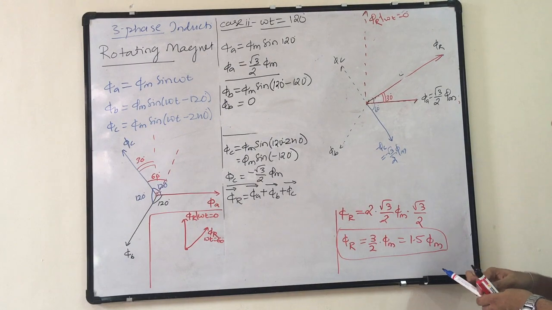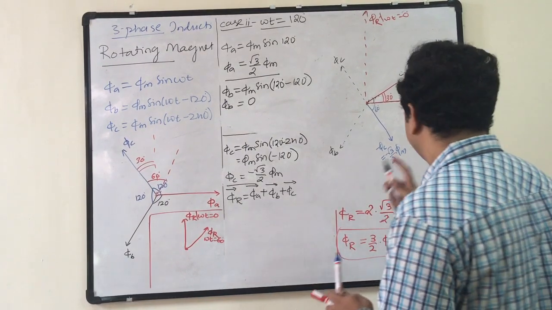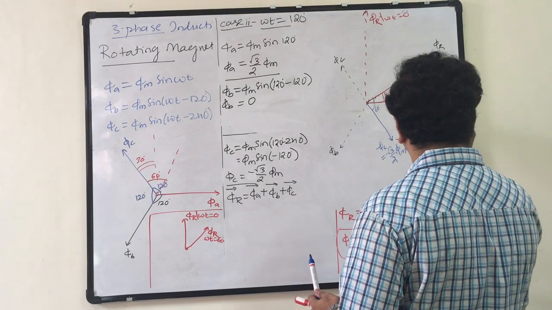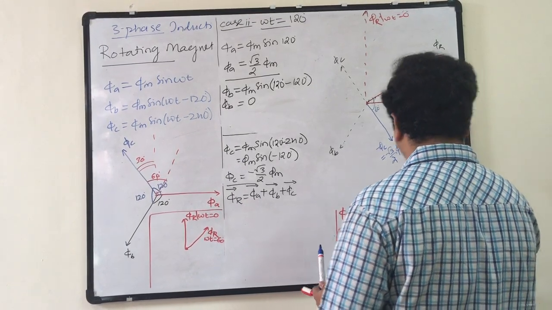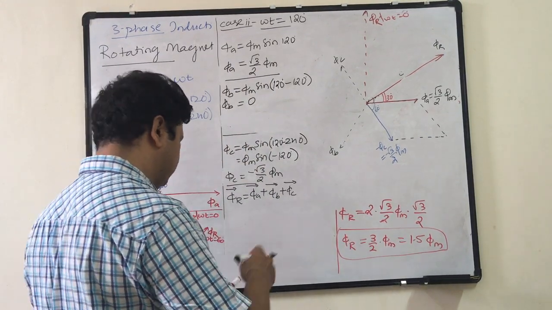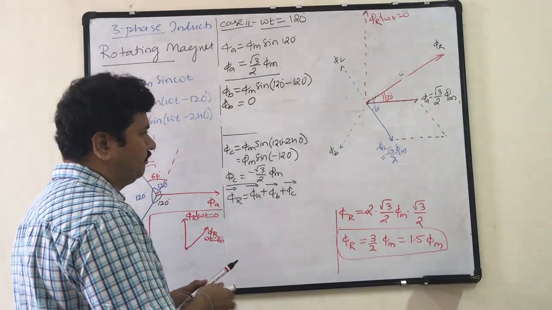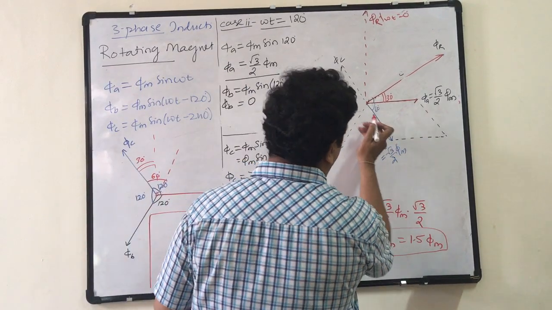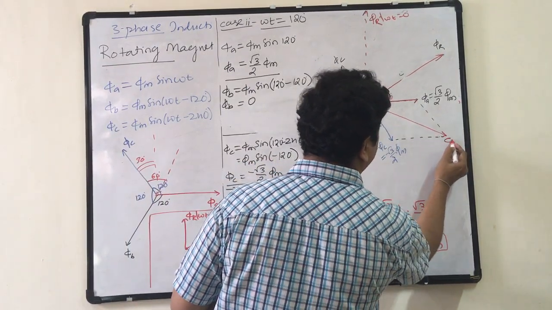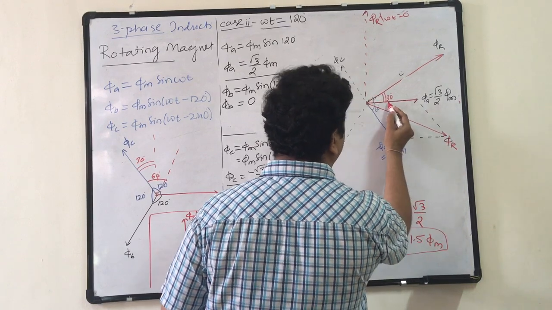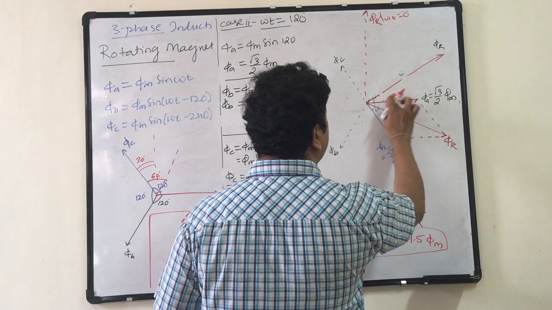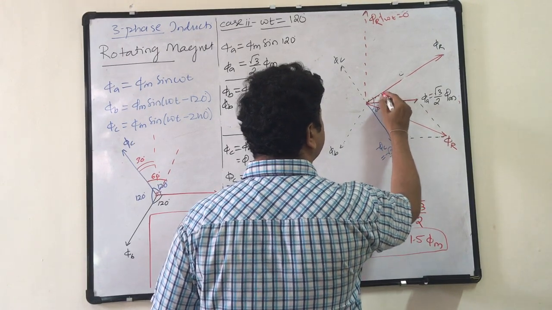So after taking the resultant, again draw a parallelogram. This is phi r, the resultant vector, and this angle is again 30.